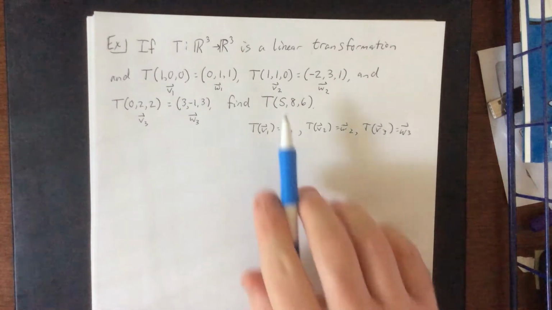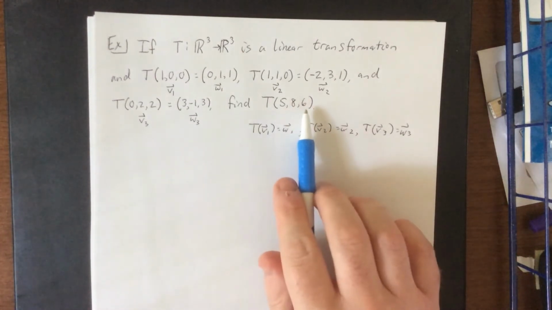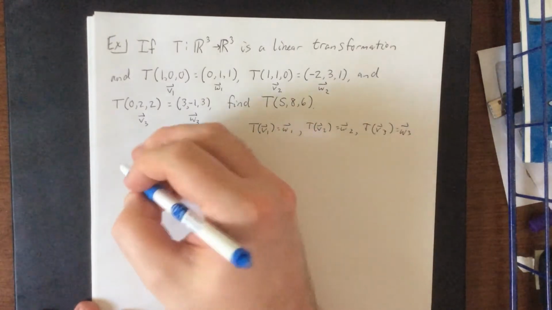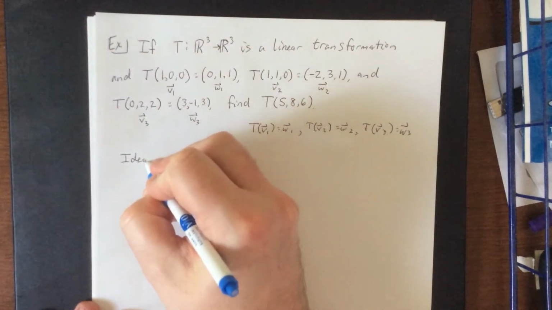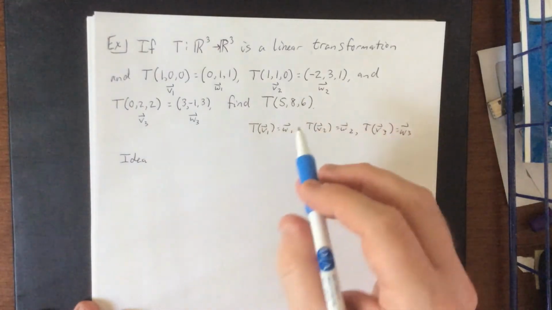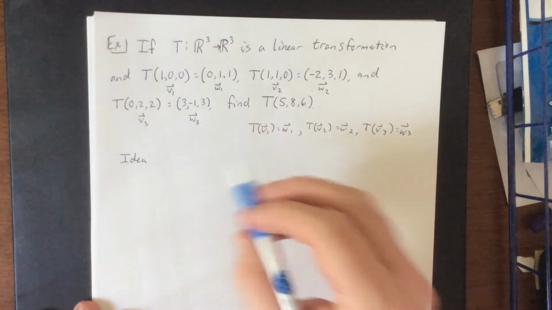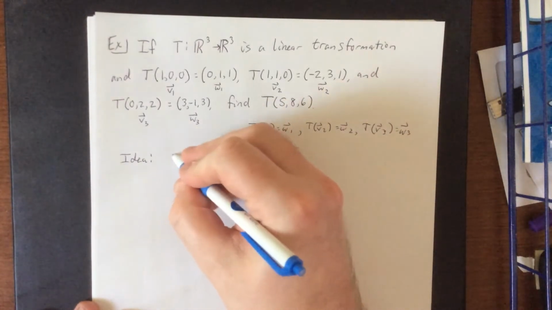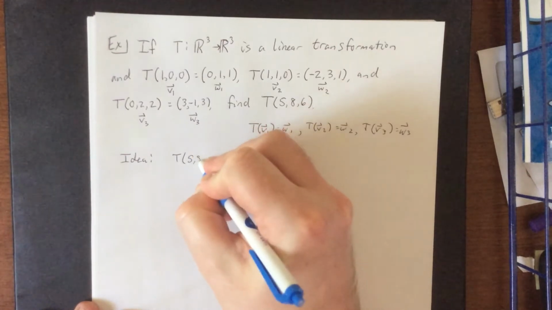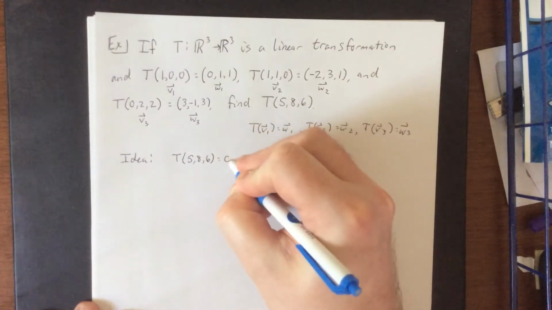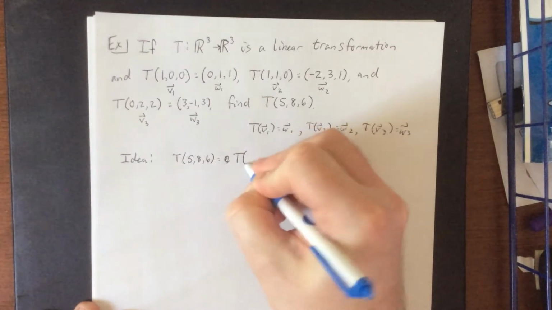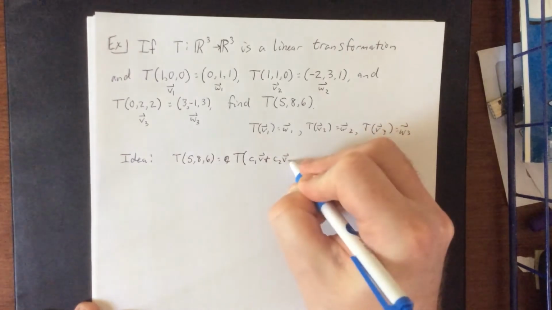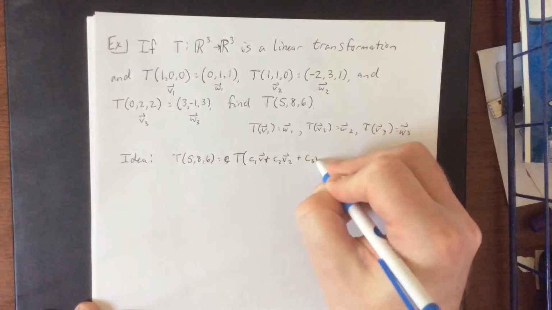Now the idea is I would like to express 5, 8, 6 as a linear combination of V1, V2, and V3. If we're able to do so, then we can express that linear combination in terms of the pre-image, send it through the transformation, and get the image in terms of our W vectors. So we're going to turn 5, 8, 6 into a linear combination of V1, V2, and V3.